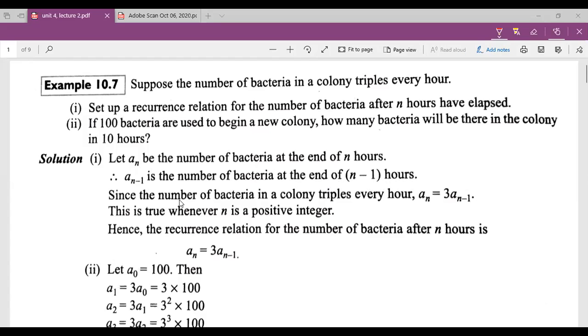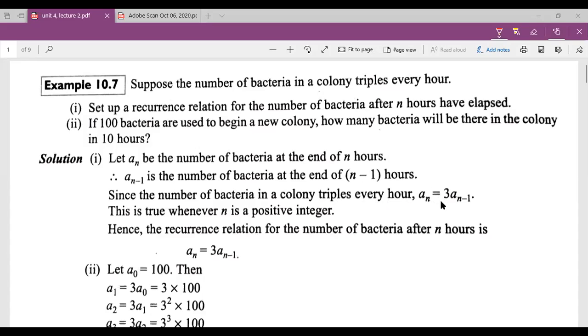Since the number of bacteria in the colony triples every hour, this can be written as a recurrence relation. a_n represents the number of bacteria at n hours, and it triples every hour.